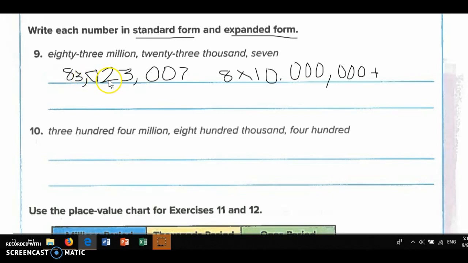Plus 2 times 10,000. Plus 3 times 1,000. Plus 7 times 1. Complete this one. Then you write this one. This one is 304,800,400. Write the number and then the expanded form.